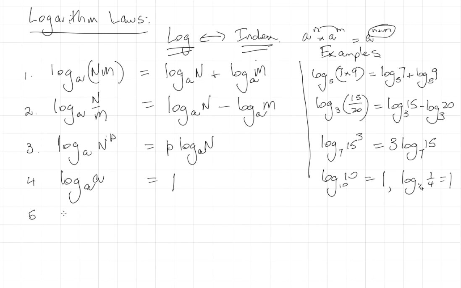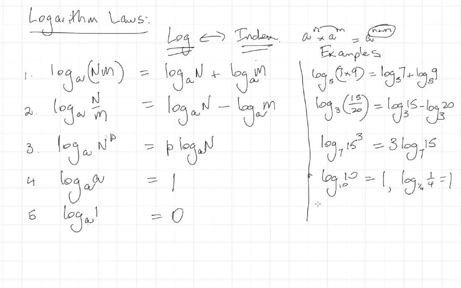Number 5, the log of 1 to base a. What is the power you must raise any number to get the number 1? Well, you know that anything raised to the power of 0 is equal to 1.